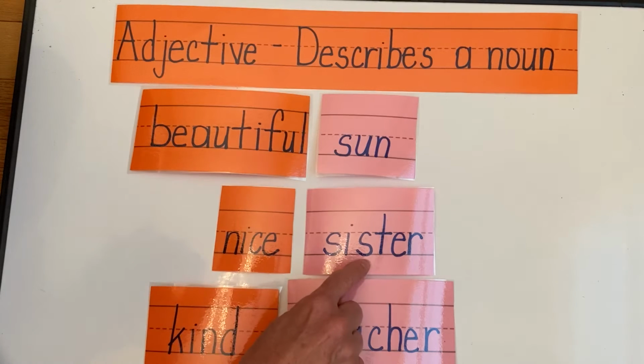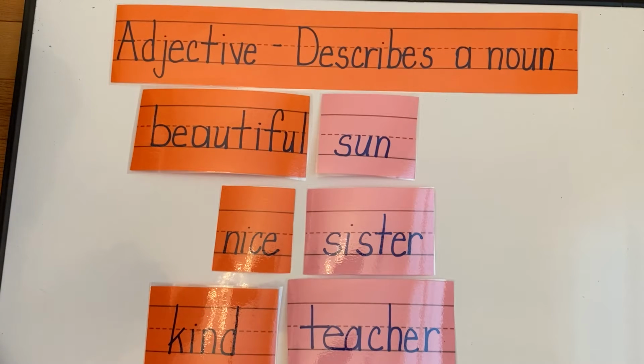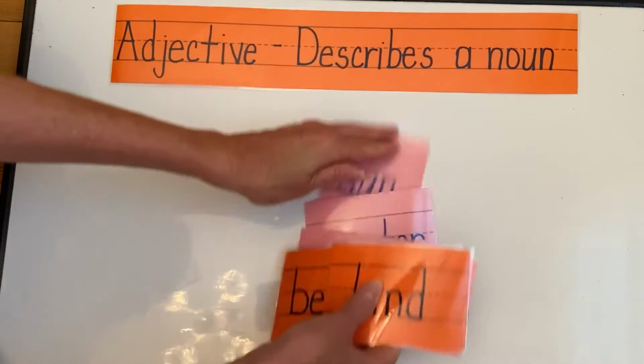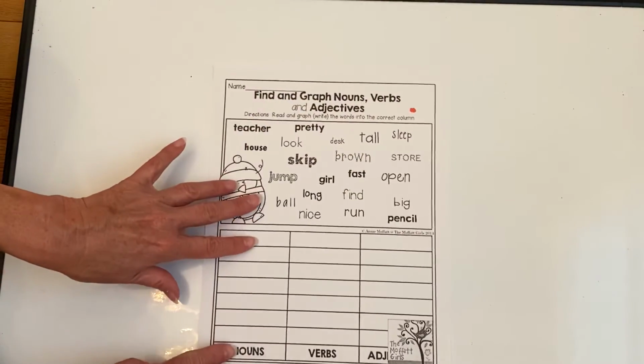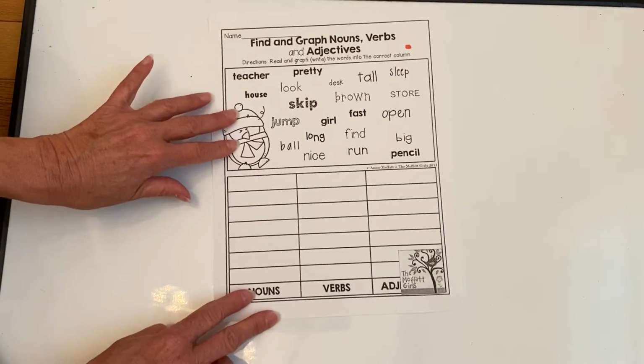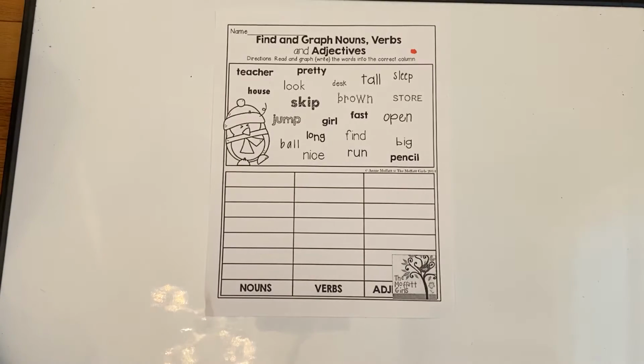Nice, sister. Kind, teacher. All right, very good. Adjectives are great for when you are writing sentences because they describe nouns, which gives your reader a better picture and image in your mind when you have describing words.